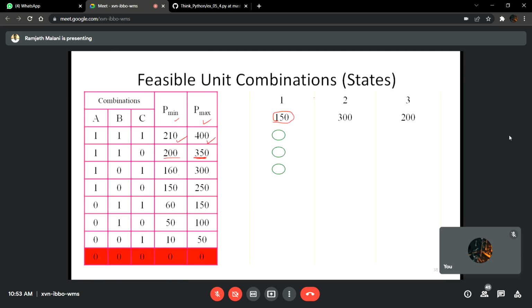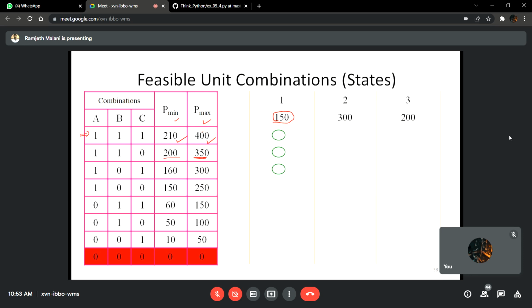Whether the first combination 111 will be sufficient to supply 150 megawatt. It can provide more than 150, sir.